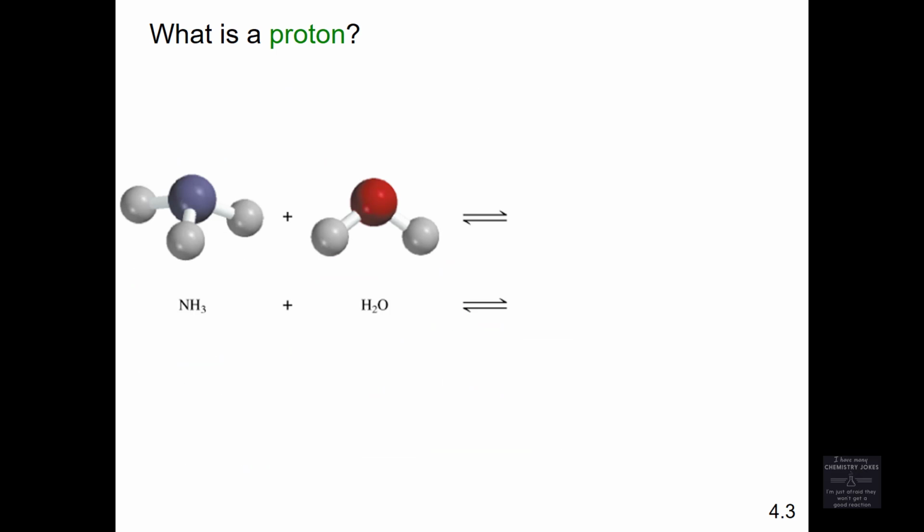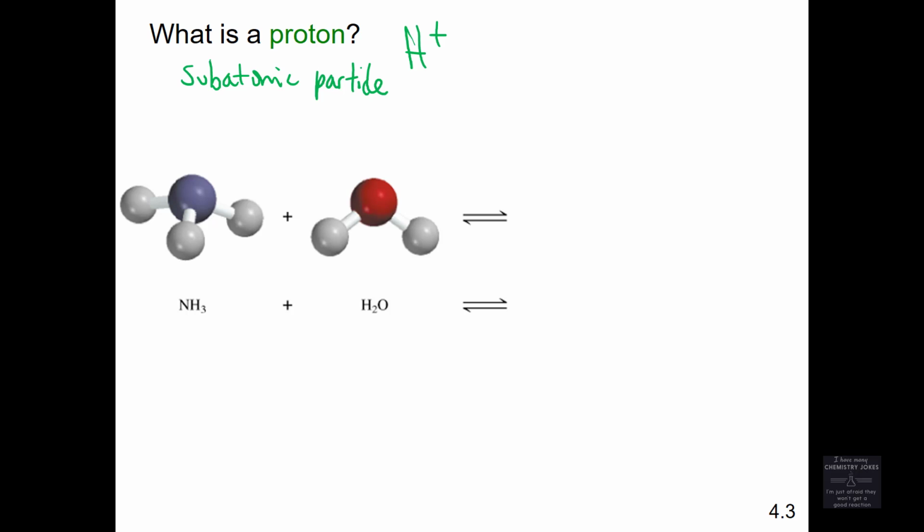What is a proton? A proton is a subatomic particle, sure. But when we talk about protons in terms of acid-base chemistry, the symbol we give it is an H+, because a neutral hydrogen atom has a single proton, single electron, no neutrons.